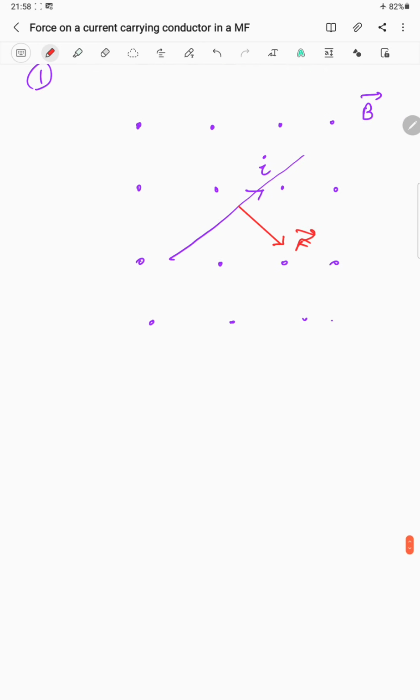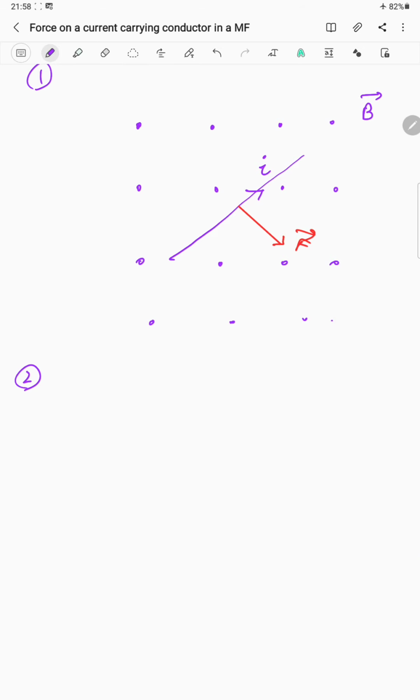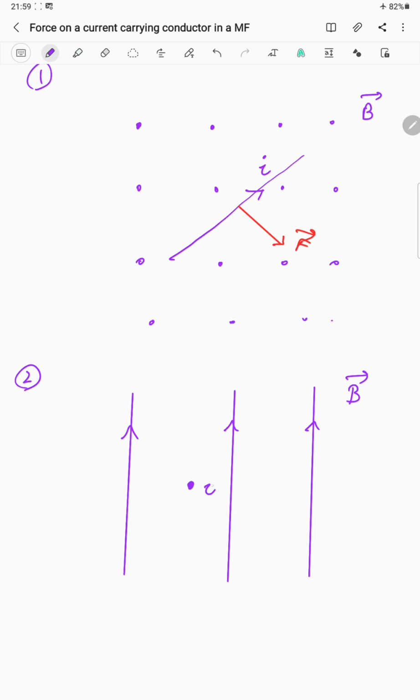Let us go for the second example. In the second example, the magnetic field is something like this. Parallel uniform magnetic fields are placed in this fashion, and the direction is up. Then what about the current? Current is dot. That means the current is out of the plane of the paper.